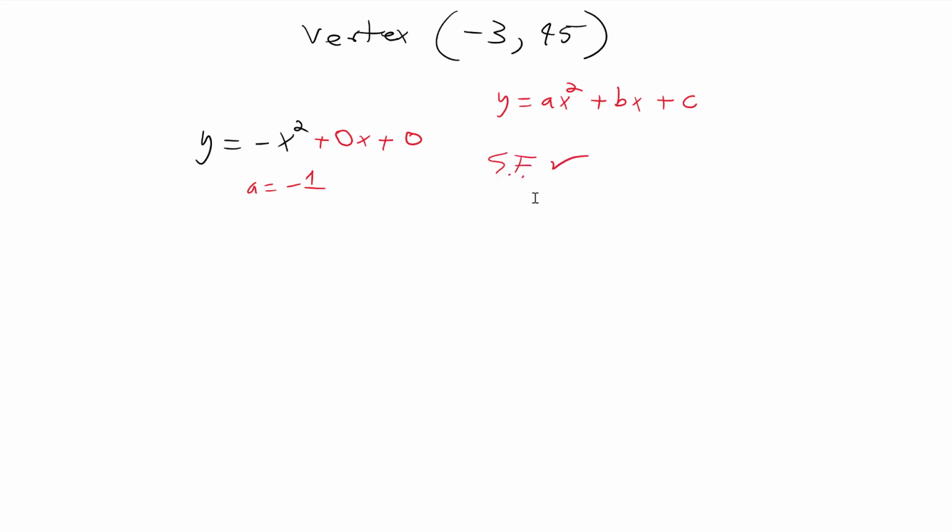All right, now we need to identify the b value. Well, the b value is 0. So we have to calculate next (b divided by 2) squared, which is simply going to be 0 divided by 2, which is 0, and 0 squared is still 0. So the vertex is actually at 0, 0.